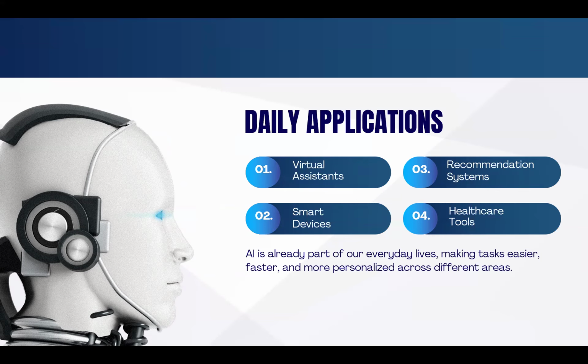Smart devices like our phone, we are using it every day. Recommendation systems, if you are going shopping or booking tickets, they will recommend the proper way in which you can utilize your money efficiently, and healthcare tools. So these are the daily applications we are using day to day to understand the usage of AI.